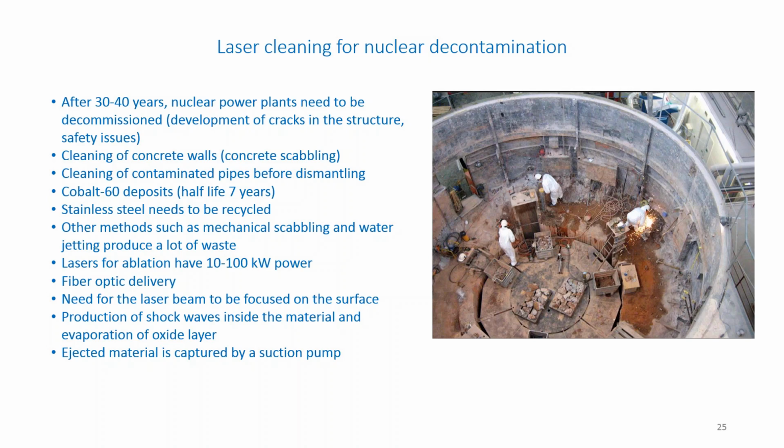Other methods such as mechanical scabbling and water jetting produce a lot of waste. Lasers for ablation have 10 to 100 kilowatt power. Fiber optic delivery is an advantage they could use. The downside is the need for the laser beam to be focused on the surface, so you need some additional optics.